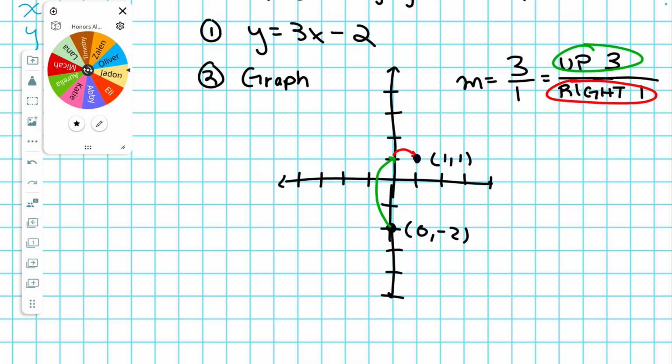Okay. Up 3, right 1. I know I said it already, but I want to avoid saying "over 1," because how do you know if you could go to the right, or, spoiler, you could go to the left. Now, this is up 3, right 3.